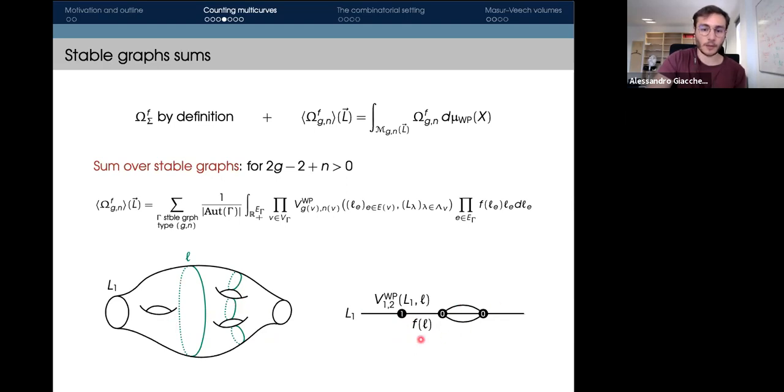And the boundary components of the surface are just the legs of the stable graph. And what you have to do is just put the Weil-Petersson volumes on each vertex. And you put this function f on each edge, and you take this integral. So this is what we can do.